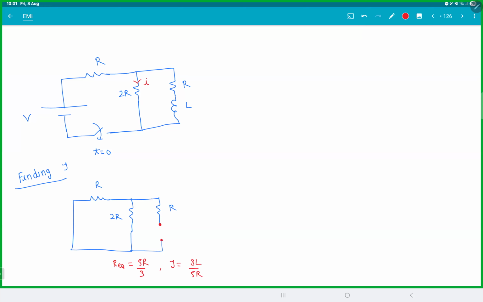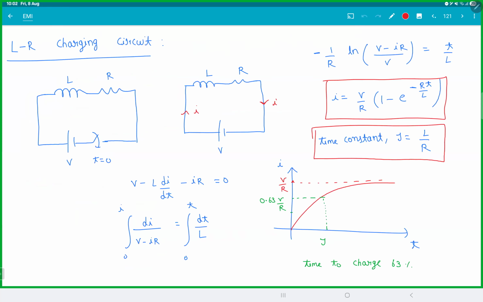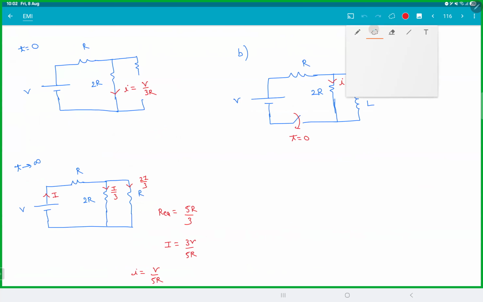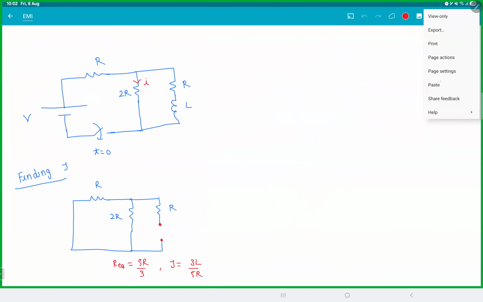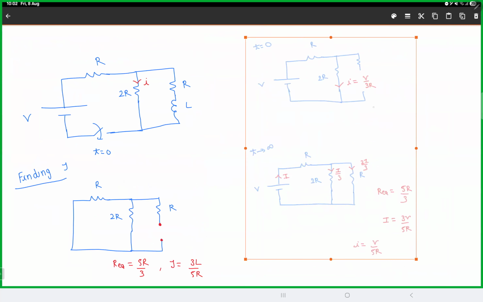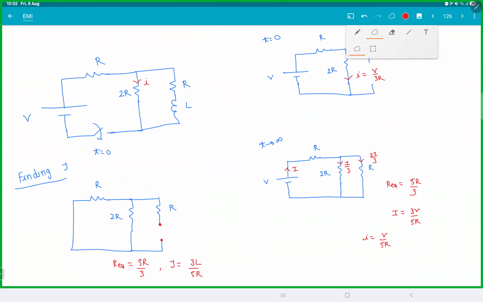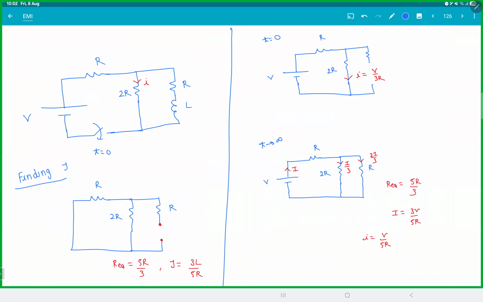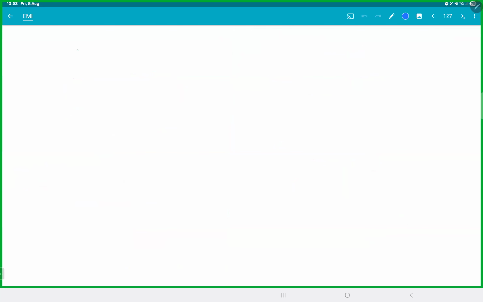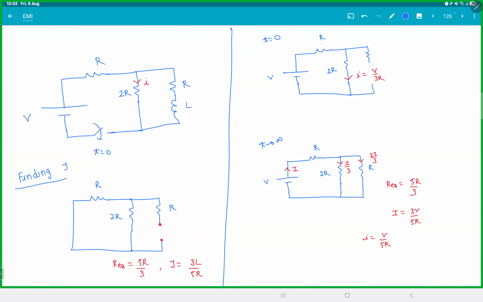And what about the currents that we have done here? I know the current at T0, I know the current at infinity. You got everything. Then your general solution: I is equal to A plus B into e power minus t by tau. Tau is 3L by 5R.